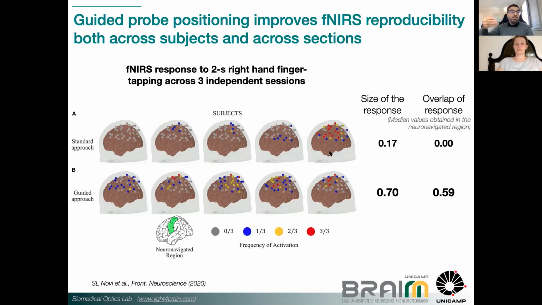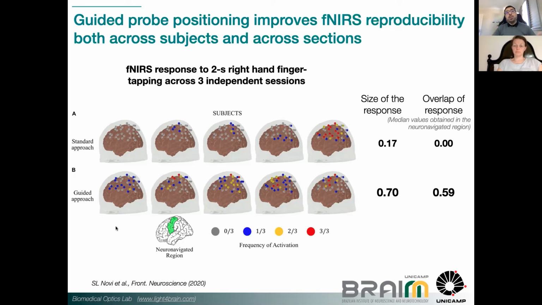And we have 3 different sessions because we repeated the same protocol at 3 different times, on 3 different days. Right. So one subject has a high reproducibility with the standard approach, which is probably more related to the size of the response than to the reproducibility of the response itself, because we have a large area of activation there for this subject.